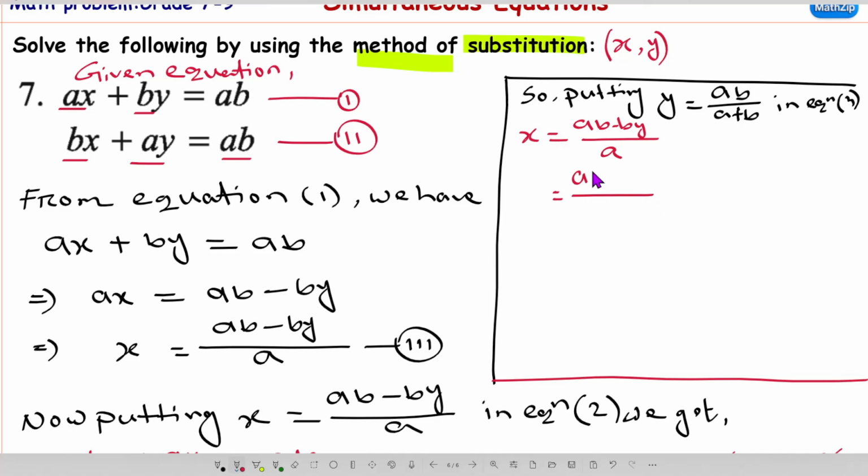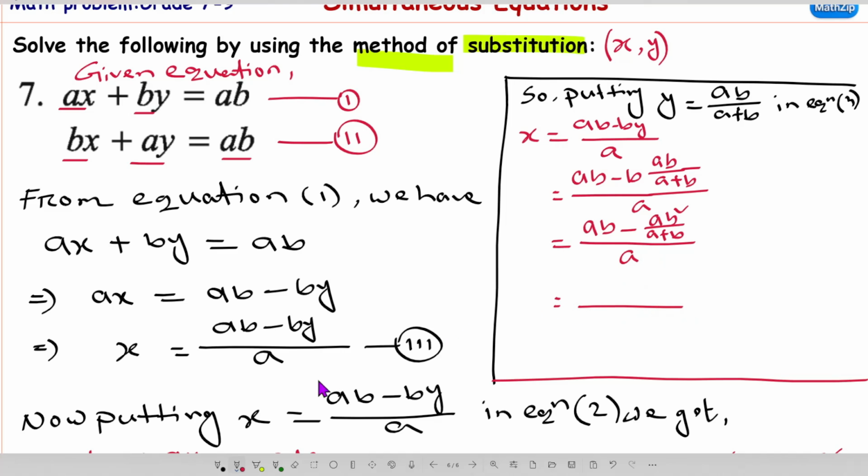So ab minus b, y against y we can write ab divided by a plus b, and divided by a, right? Now here is ab minus ab square divided by a plus b, divided by a.